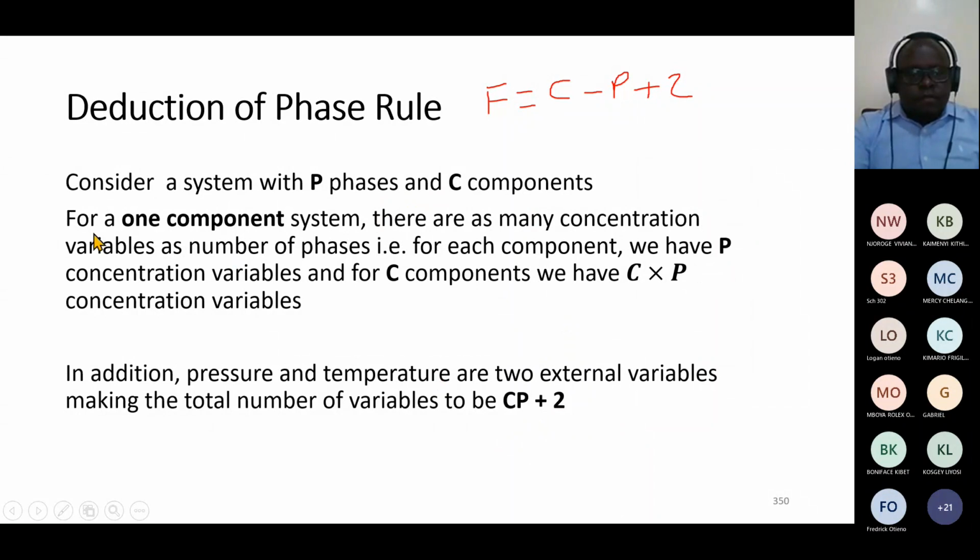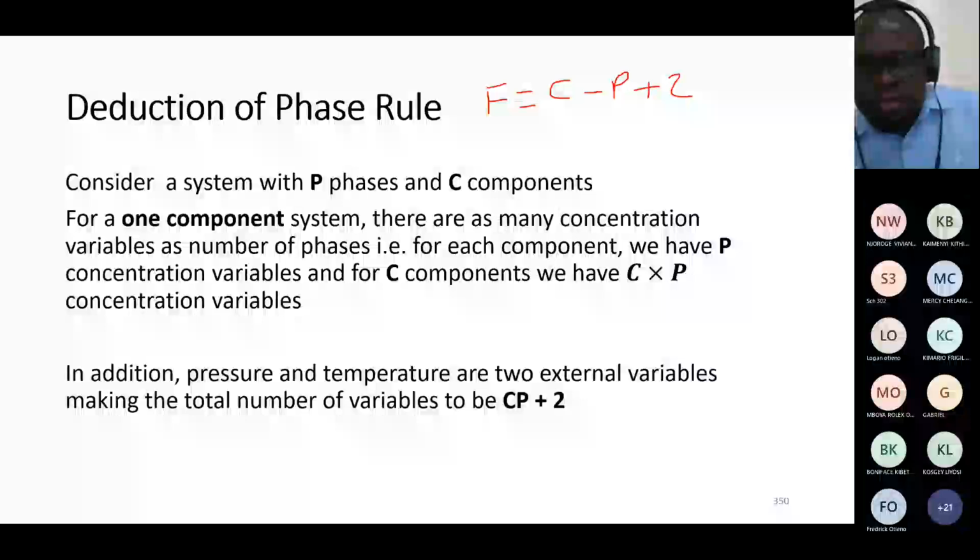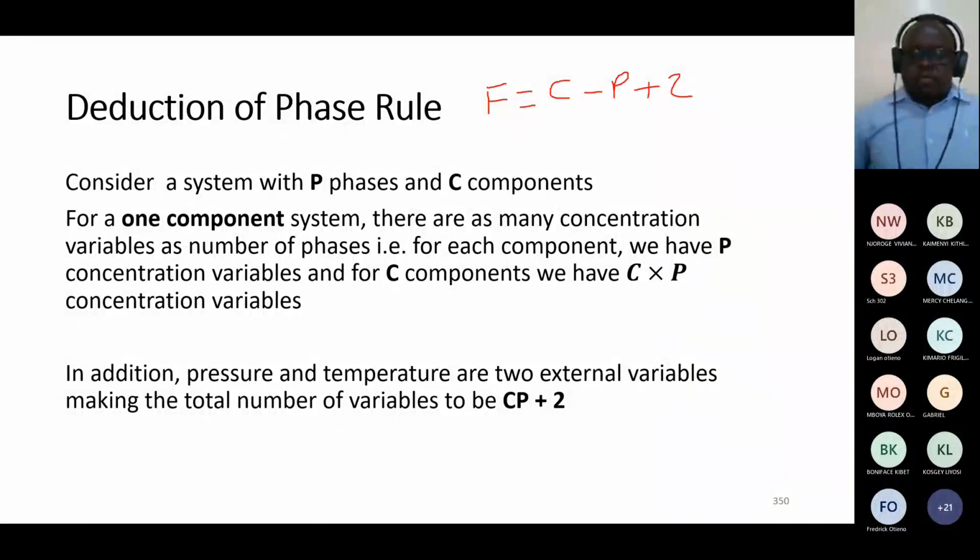Now, for a one component system, there are as many concentration variables as the number of phases. For example, if you have one phase, then you'll only have one concentration variable to describe the system.